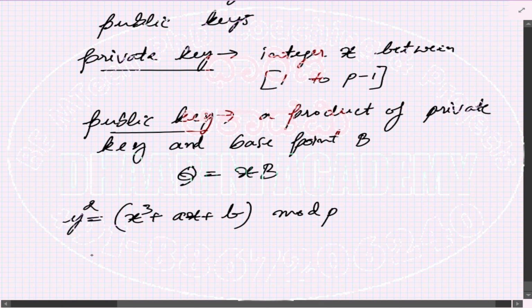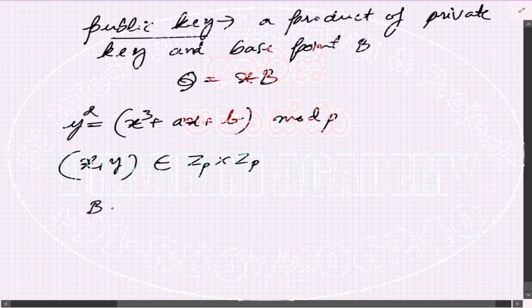You select the points x comma y such that they belong to a prime field Zp cross Zp. X can take any values in Zp, y can also take any value in Zp, and you also define what is called a B, and you call it a base point for this whole process.